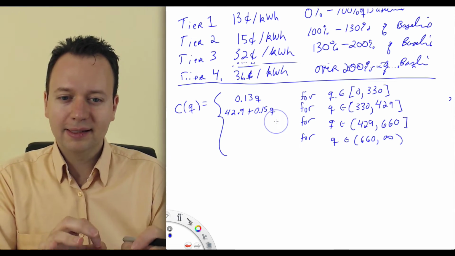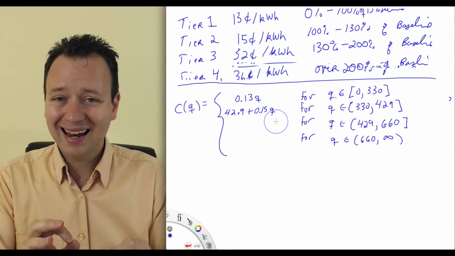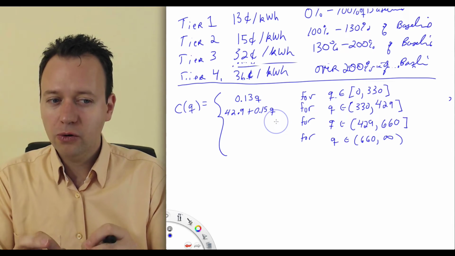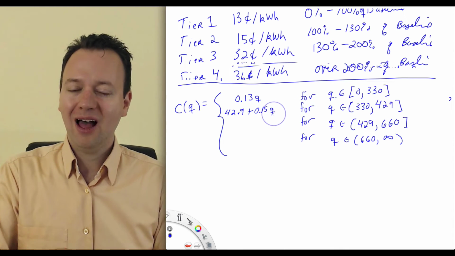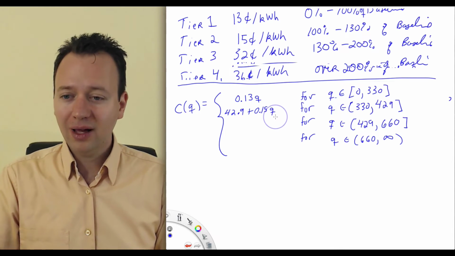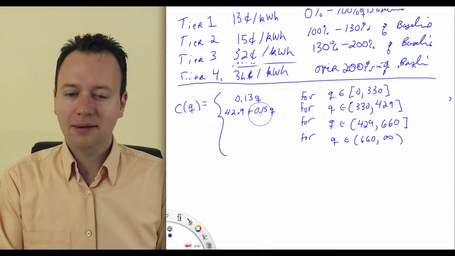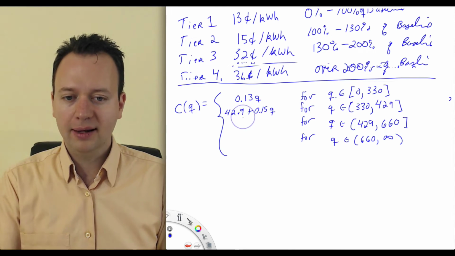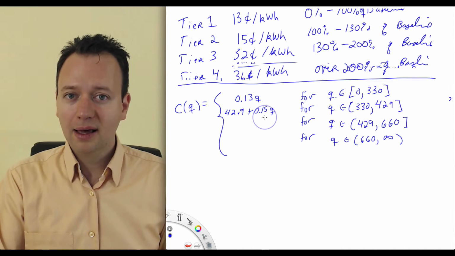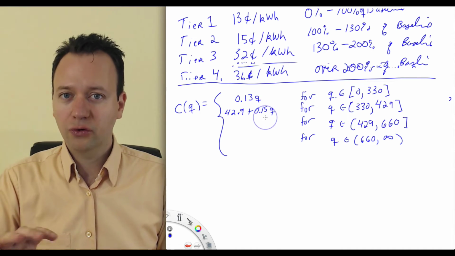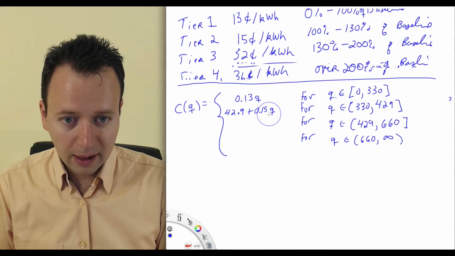The reason is that 42.9 is how much we used at 330 kilowatt hours. This Q is counting from 0. So at 330, this formula doesn't give you 42.9. It's 42.9 plus 330 times 15 cents. Basically, you're being charged twice for those first 330 kilowatt hours.